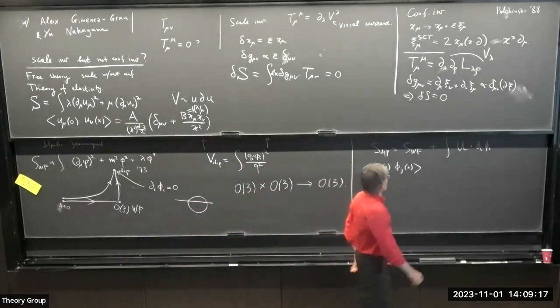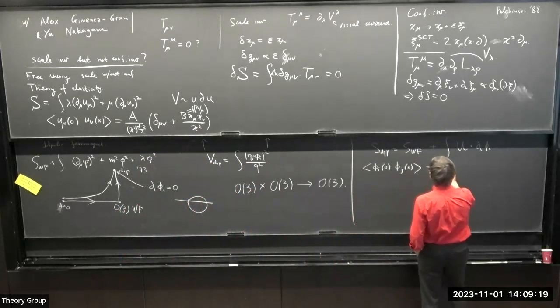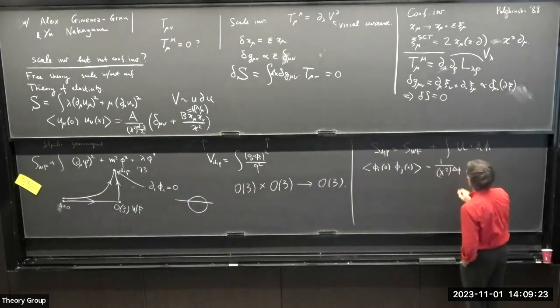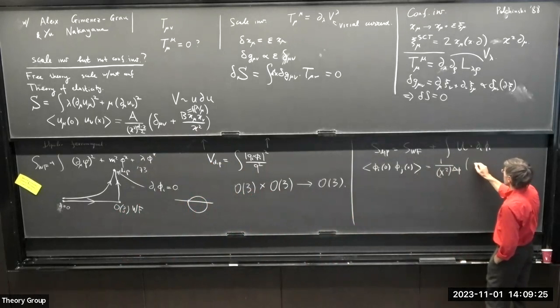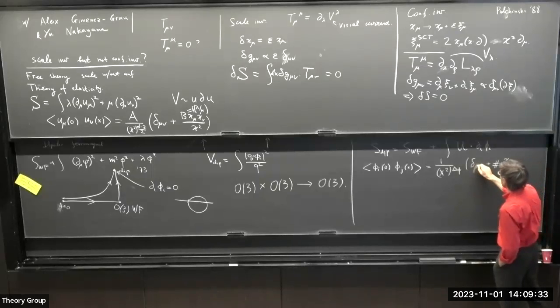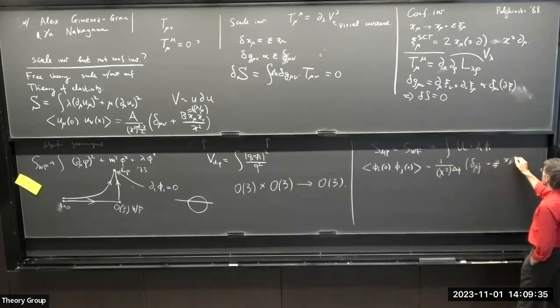So there's going to be a 1 over x squared to the power delta_phi, and there's going to be some linear combination of delta_ij and some coefficient times x_i x_j over x squared.